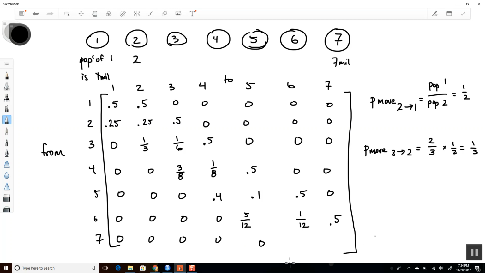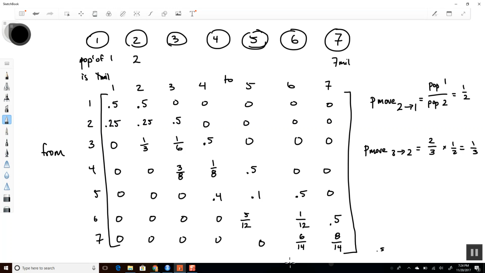I could propose going to island 8 with probability 0.5, which means I would stay put with probability 0.5. If I propose island 6, I would go with probability 6 out of 7, so this would be 6 out of 14. I would have 1 out of 14 remaining on island 7, but I have to add that to the 0.5 remaining, so I would have 8 out of 14 here.